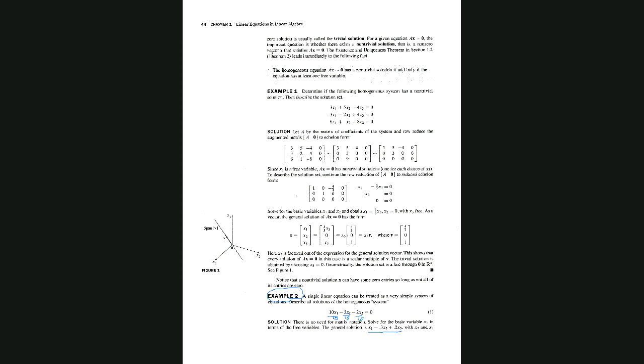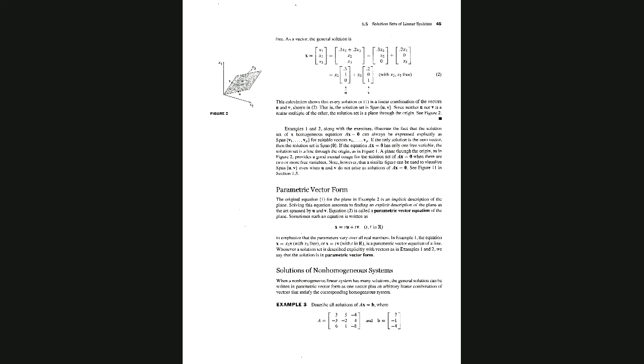And so in this problem, you have two free variables. And so you can write the solution then as the solution vector x like this. x1 is 0.3x2 plus 0.2x3.